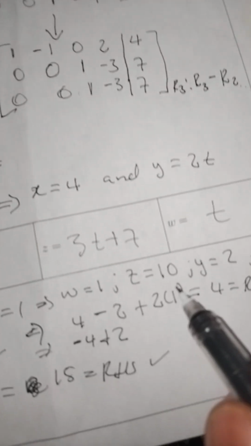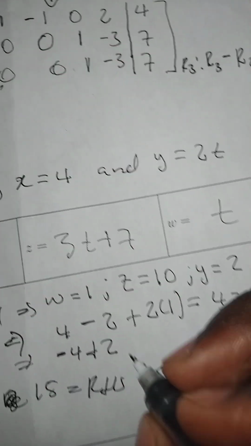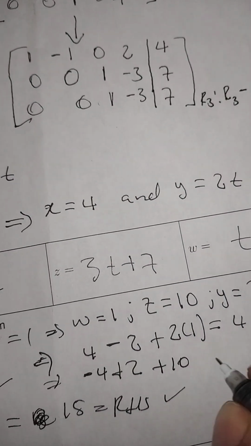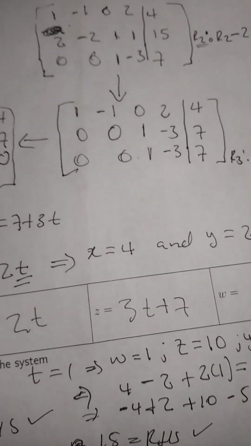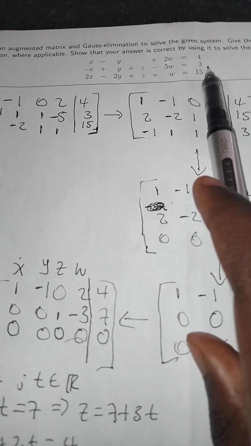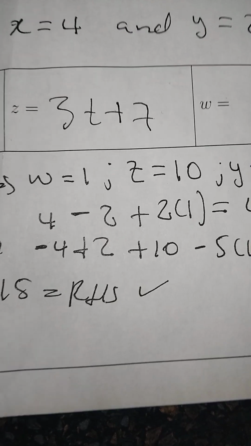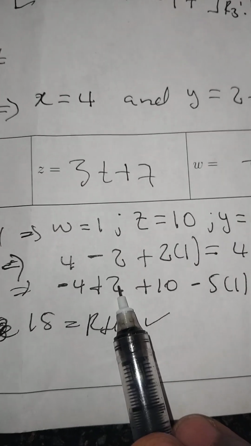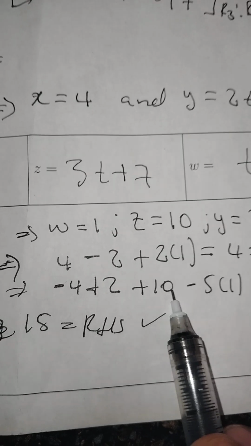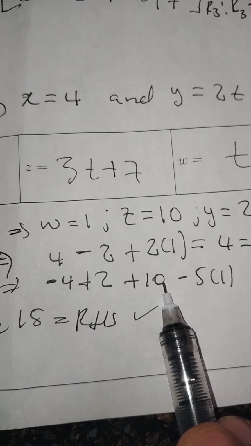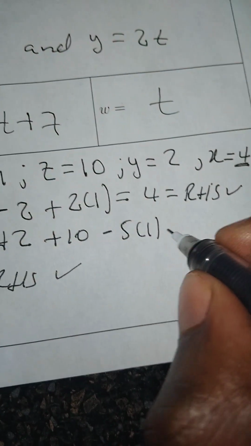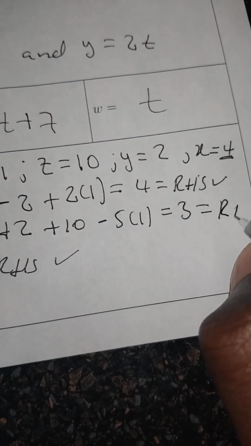So z is 10, then plus 10, then minus 5 into 1. Minus 5w. We expect that to give us an answer of 3. So let's simplify. Minus 4 plus 2 is minus 2, plus 10 is 8. Then 8 minus 5 gives us 3, which is the same as the right hand side.